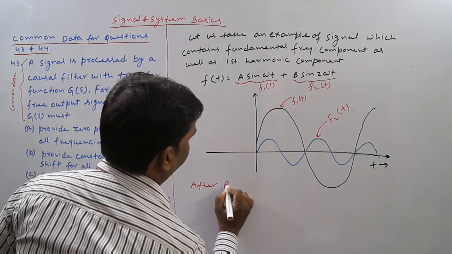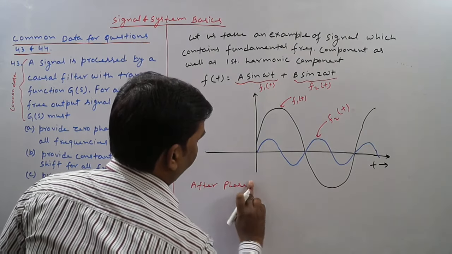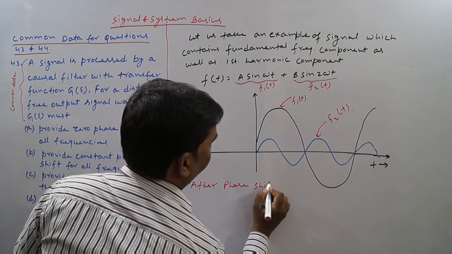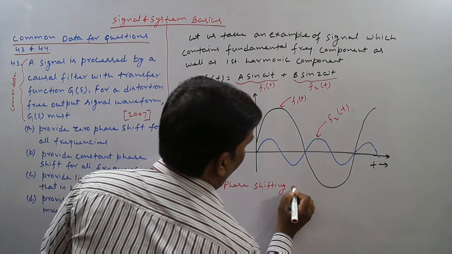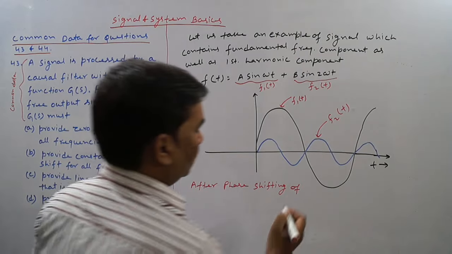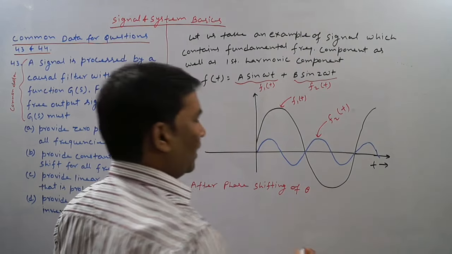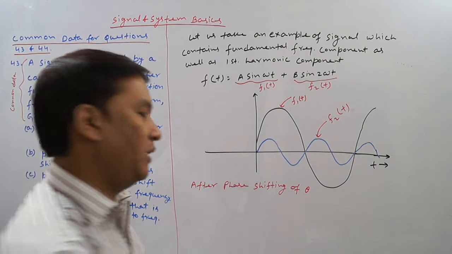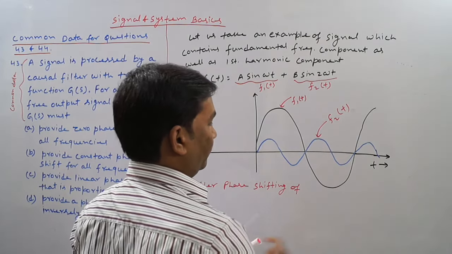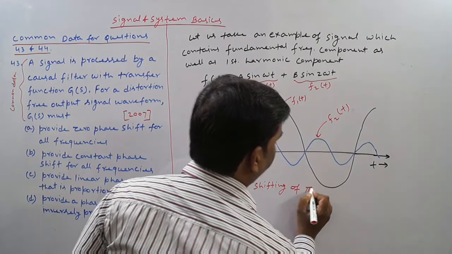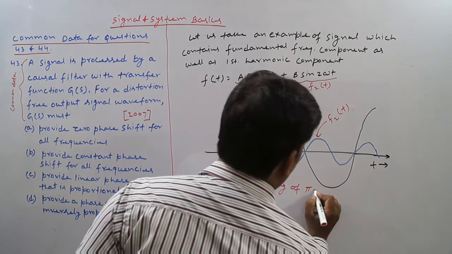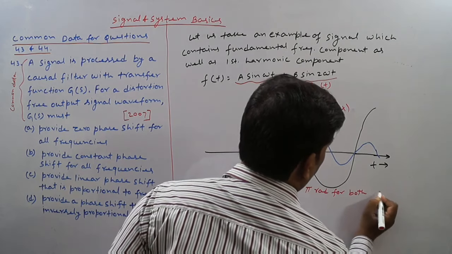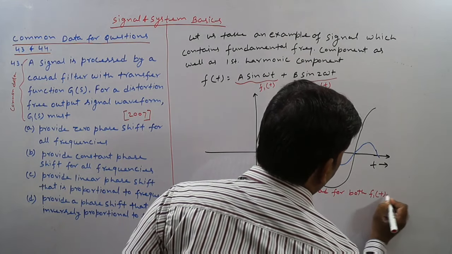Suppose we are doing a phase shift of pi radian for both f1(t) and f2(t).